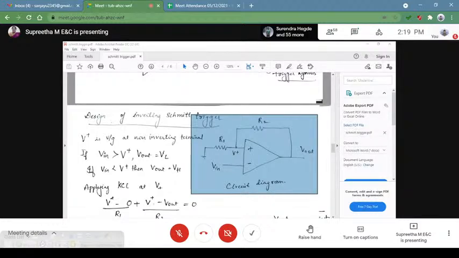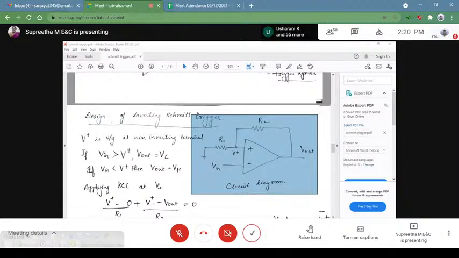So V2 is equal to V plus. What would be V2? V2 is equal to R1 into R1 plus R2 into VL, because my output voltage is equal to V2.